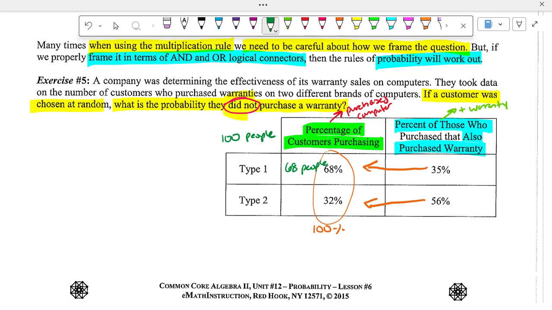How many bought Type 2? 32. So of that 68 people, how many bought the warranty? 35%. So find what 35% of 68 is. So multiply by what? You take the 68 multiplied by 0.35. So how many people?